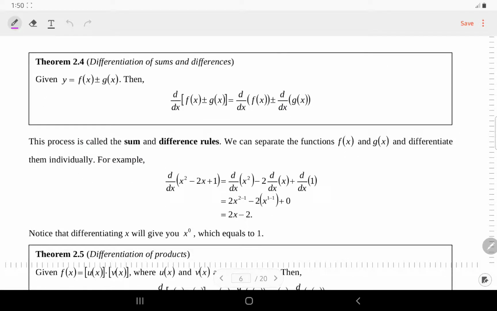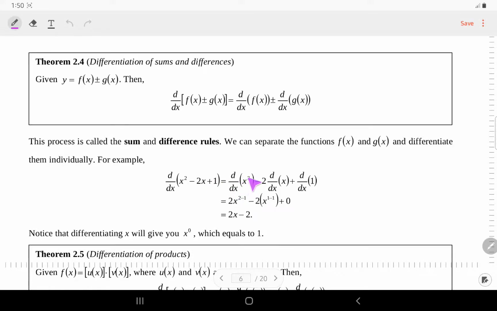Okay, for example, we have this function x squared minus 2x plus 1. Here we have three functions, where the first function minus the second function, and then plus the third function. So we can differentiate it one by one, term by term.